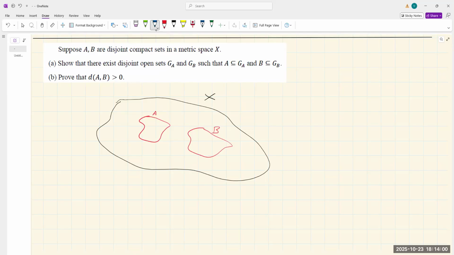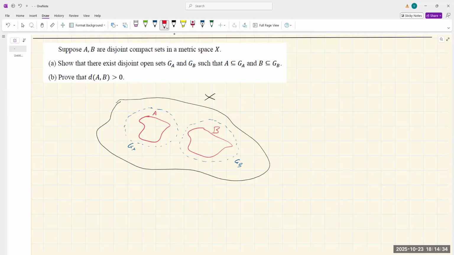What this is saying is that in a metric space, we could then find two disjoint open sets. This one here is G_A, and this one here is G_B. So G_A contains A and G_B contains B, such that these open sets are disjoint as well.